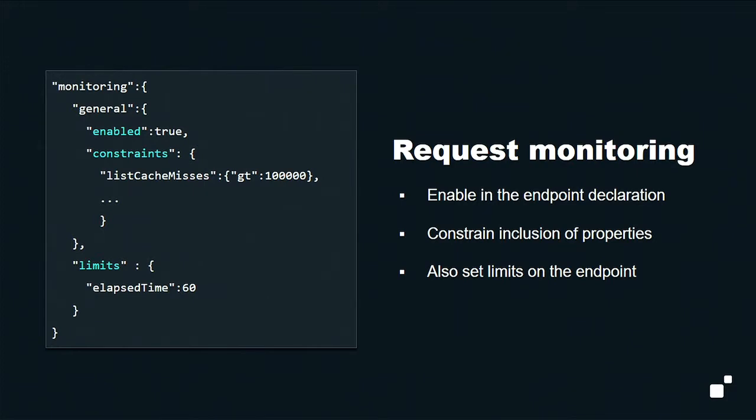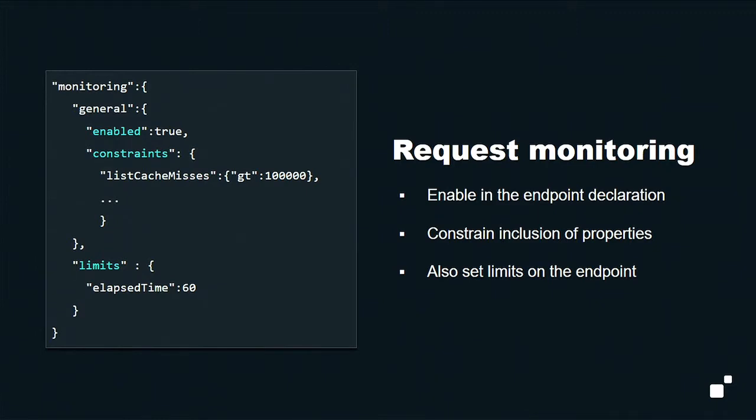They have to prove the value they're delivering. What Sarah can do in the same JSON file, she can enable request monitoring. And now every request to that endpoint will have a separate entry in the request log, which is a new log added in recent versions of MarkLogic 9.